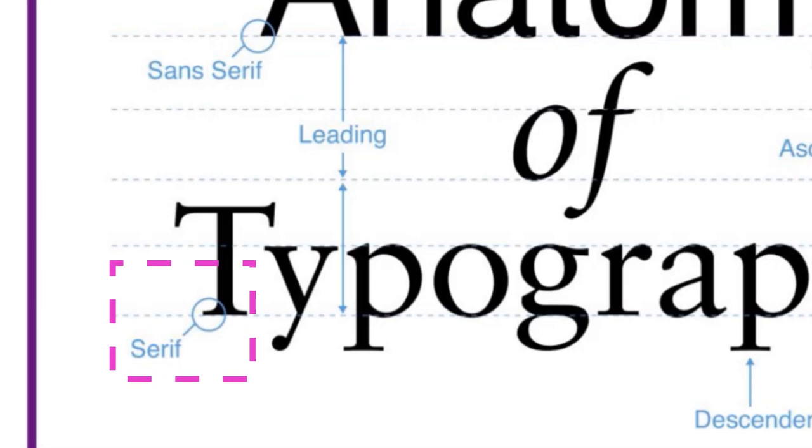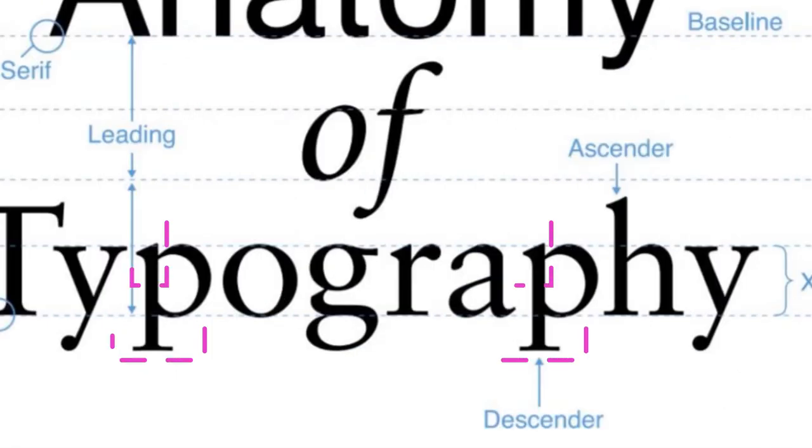There is one at the bottom of the T and also one at the top of the T. That short line at the beginning or at the end of the T is called a serif, and this you also find in the Y, in the P, in the H also.